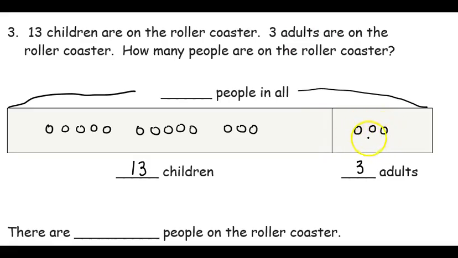Now I have to figure out the total. Well, I have 10 here, and 3 and 3 makes 6. So 10 plus 6 would be 16 people in all. And we'll fill in our answer statement showing that there are 16 people on the roller coaster.